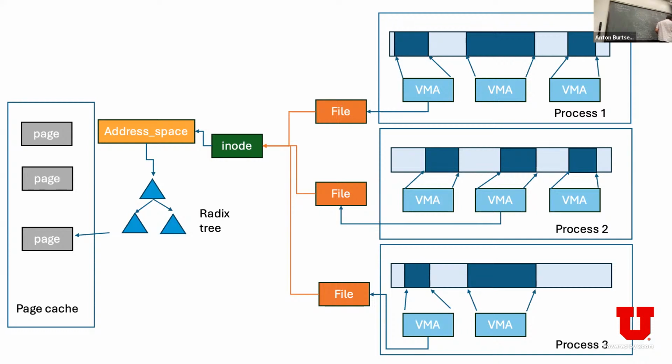It maintains, not in memory but on disk, a tree which allows you to resolve from a file offset to a block number. So we'll draw it as a tree. Typically it's a tree, though it might not be. Agree with this? So for that, we need an inode. Without an inode, we don't know how to read stuff from disk, right?